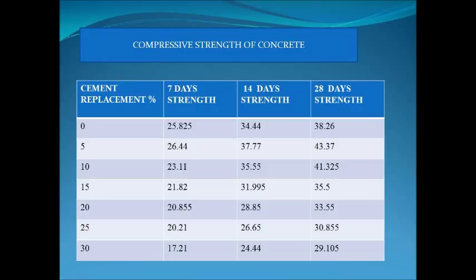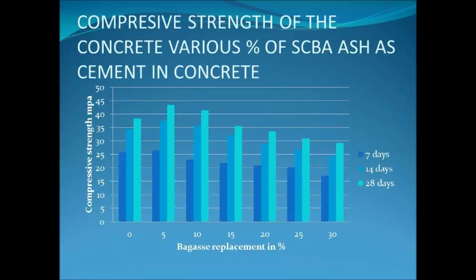Compressive strength of concrete for cement replacement percentages 0, 5, 10, 15, 20, 25, and 30, along with 7 days strength, 14 days strength, and 28 days strength. The values show the maximum strength has been found at 5% replacement, and again the bar chart shows the maximum strength attained at 5%.